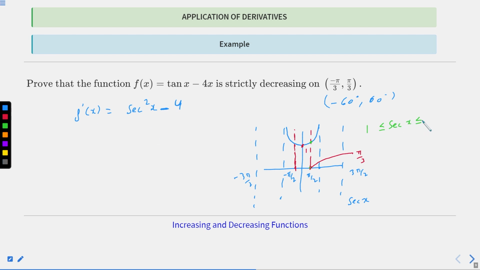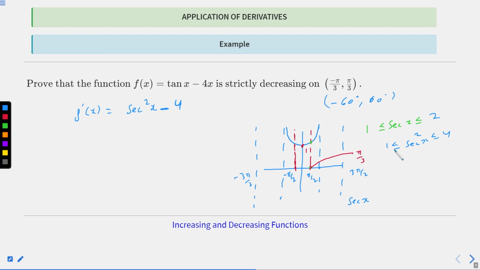So this is the max it can go, to pi by 3. So sec pi by 3 means 1 by cos 60, and cos 60 is half. You all know that. This means 2. So if you square it, this will be 4.